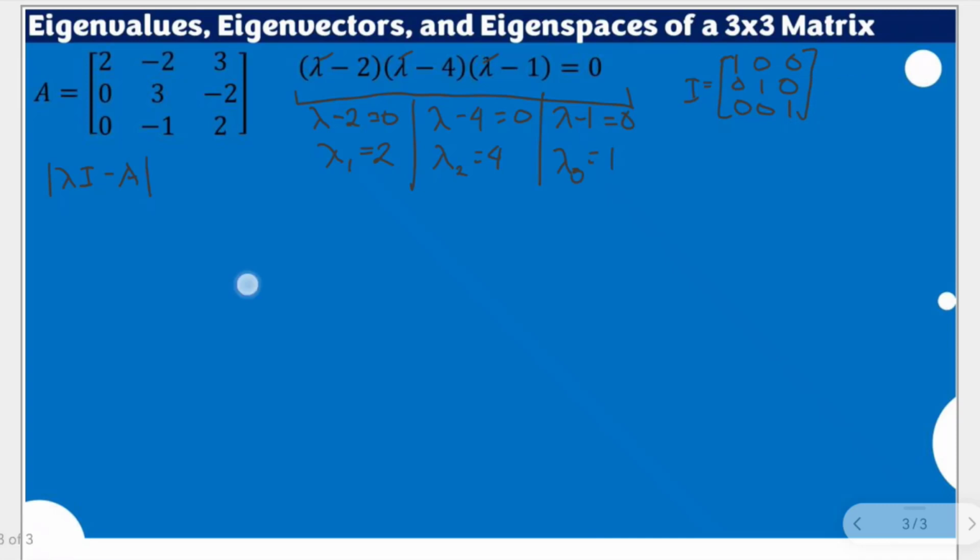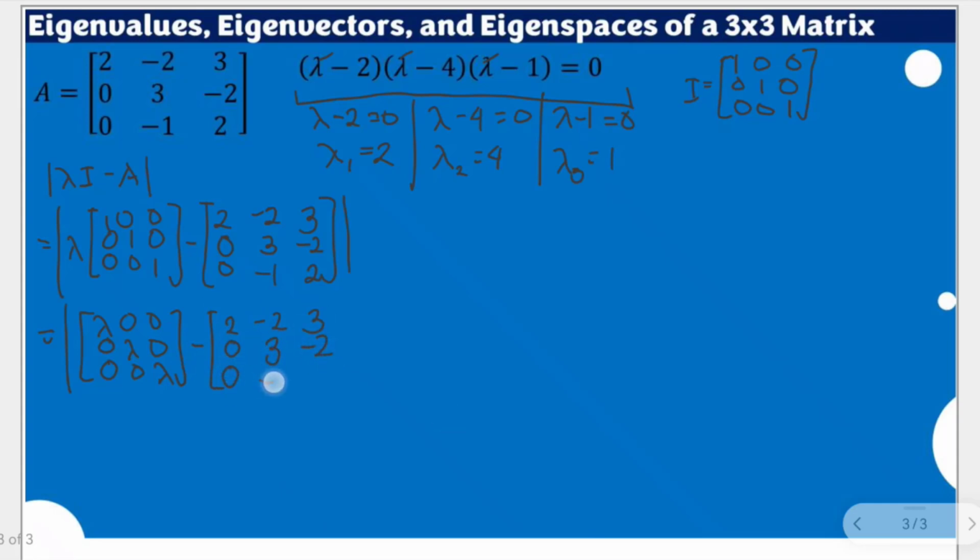Then we multiply lambda to 1, 0, 0, 0, 1, 0, 0, 0, 1, minus our matrix A: 2, negative 2, 3, 0, 3, negative 2, 0, negative 1, and then positive 2. Continue. Let's have here lambda 0, 0, 0, lambda 0, 0, 0, lambda minus 2, negative 2, 3, 0, 3, negative 2, 0, negative 1, and positive 2.